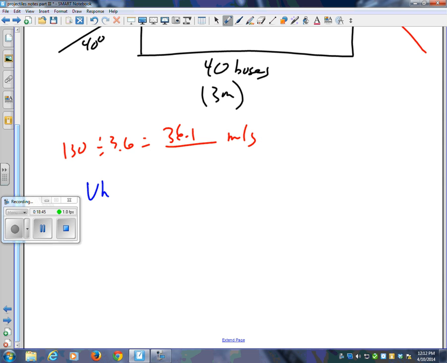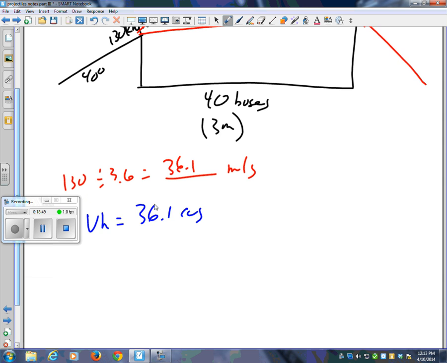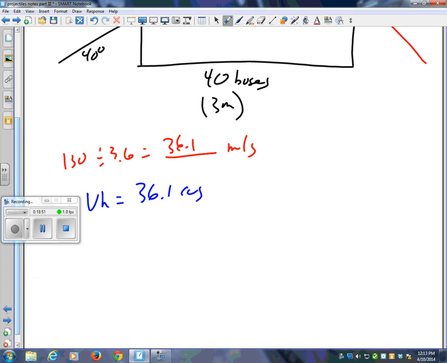So your horizontal component is going to be 36.1 times cosine 40, which is 27.6. VV is going to be 36.1 times the sine of 40, 23.2.